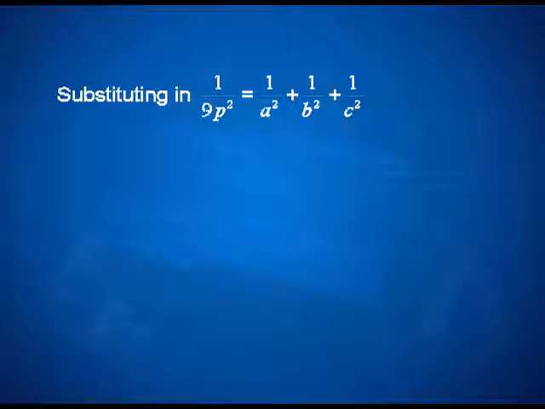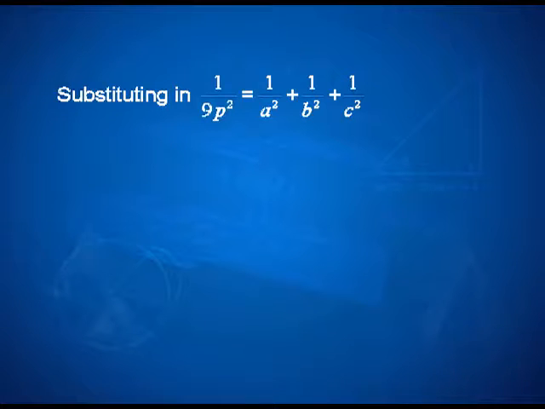So, if I know the values of a, b and c as 3x, 3y, 3z and I am interested in finding the locus of the centroid, that is a condition on x, y and z. So, what I can simply do is substitute the values of a, b and c in the condition 1 by 9p squared equal to 1 by a squared plus 1 by b squared plus 1 by c squared.